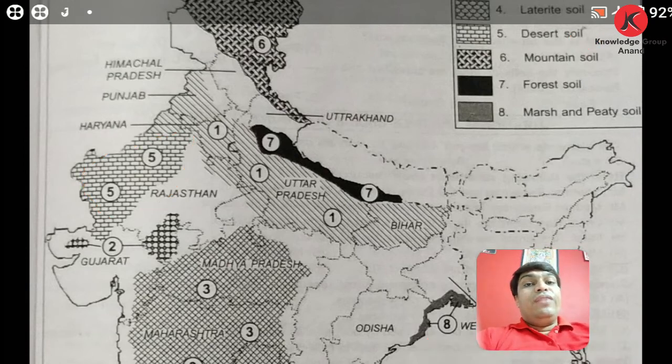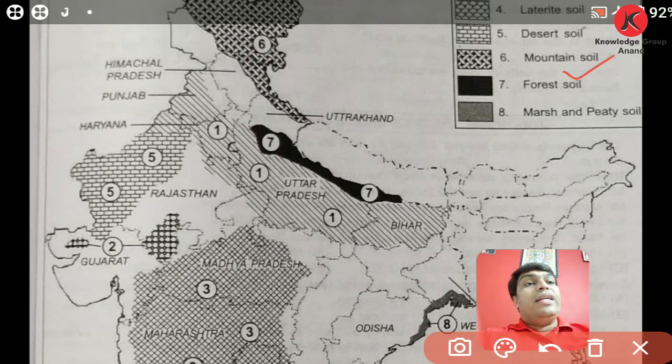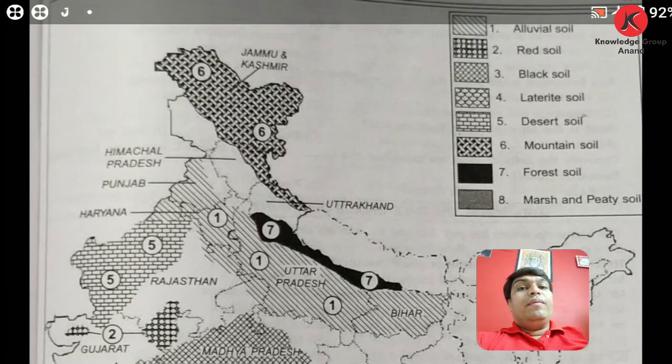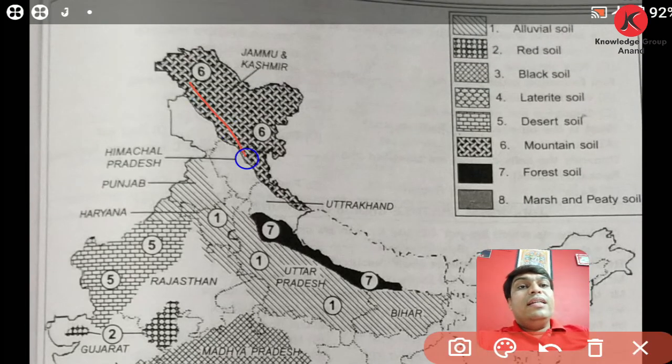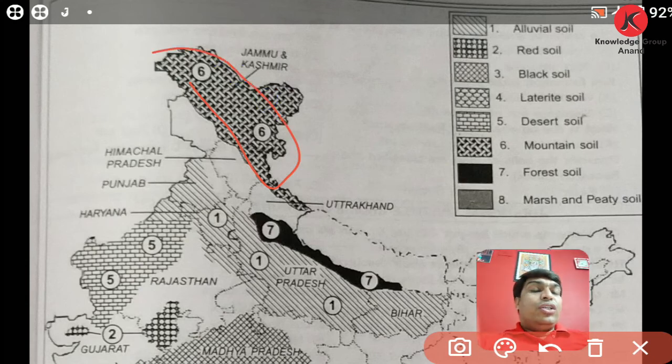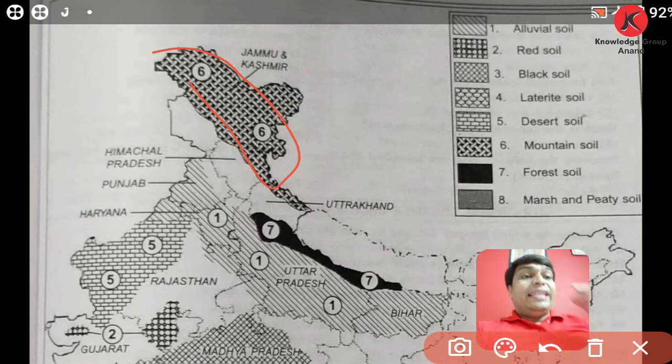Now friends, discussing the mountain soil. Friends, you can see the mountain soil over here. This whole region, Kashmir, we can see the mountain soil. It is believed, friends, that the layer of the mountain soil is very thin, and it is underdeveloped.